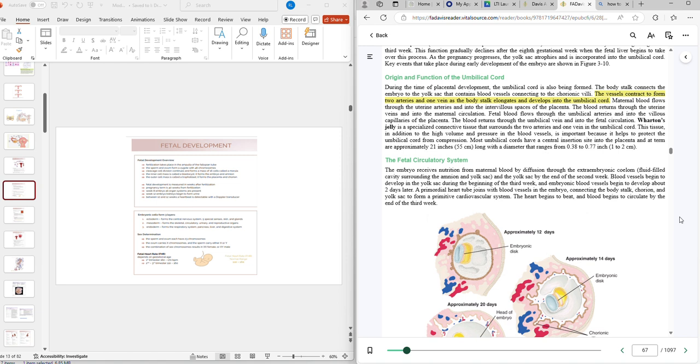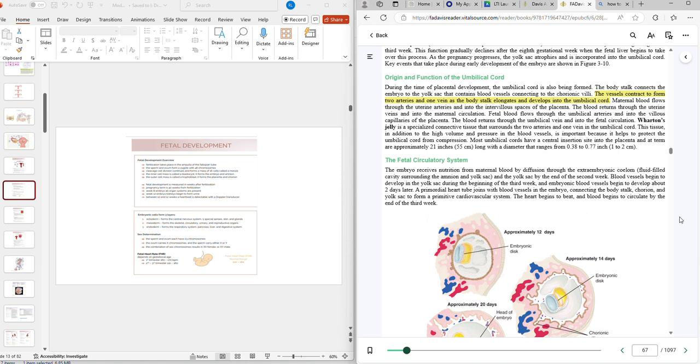So the 2 arteries carry deoxygenated blood, and the 1 vein carries the oxygenated blood. So arteries in a fetus carry deoxygenated, veins carry oxygenated.